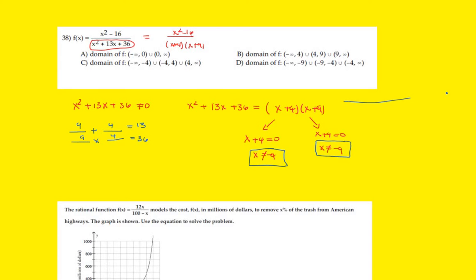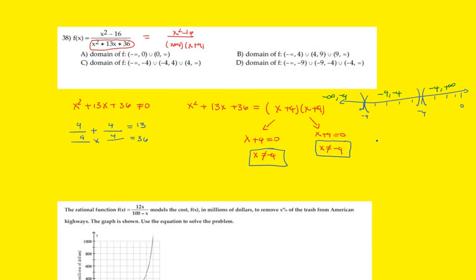Here's my number line. Let's put here -9, -8, -7, -6, -5, -4, -3, -2, -1, and 0 somewhere here. So the only two numbers that don't work are these. It will go from -infinity all the way to -9, then between -9 and -4, and -4 to plus infinity.